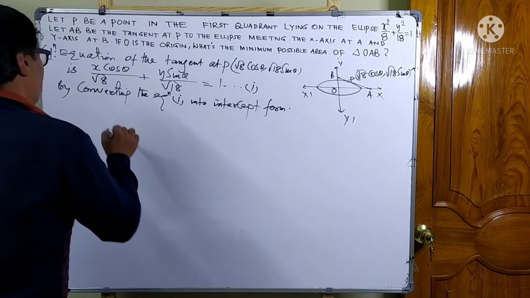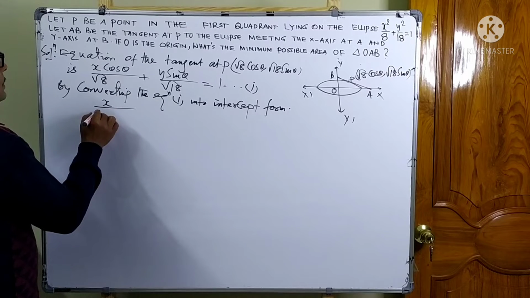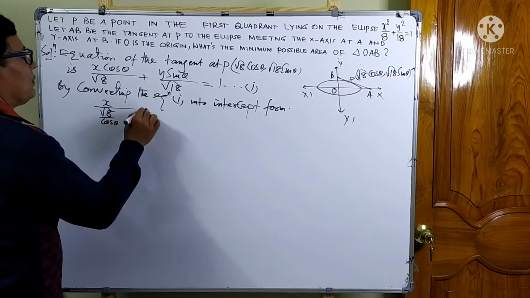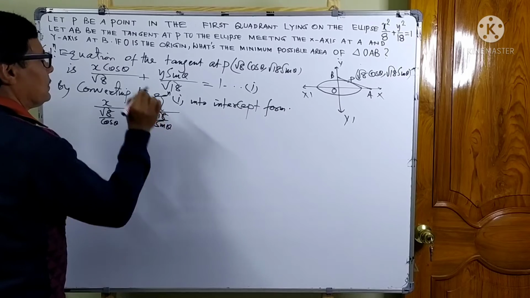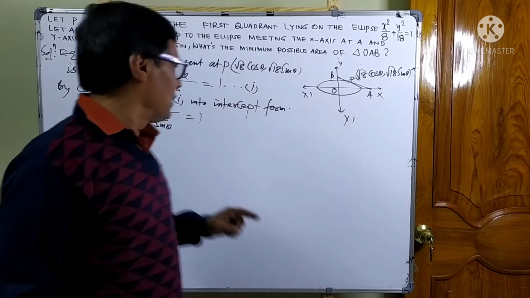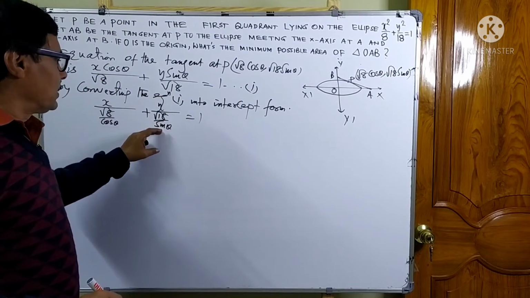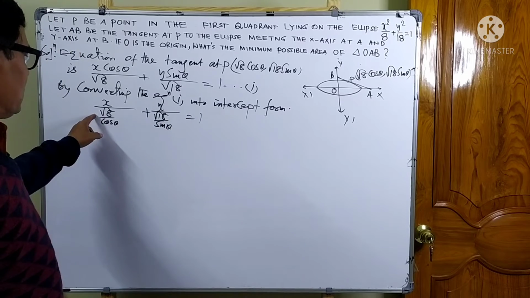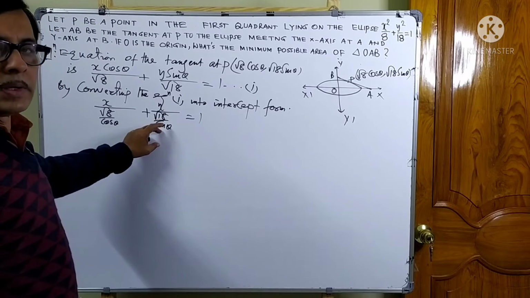This intercept form is x over root 8 over cos theta plus y over root 18 over sin theta, equal to 1. This is the intercept form of any straight line: x over a plus y over b is equal to 1. Here a is the x intercept and b is the y intercept.